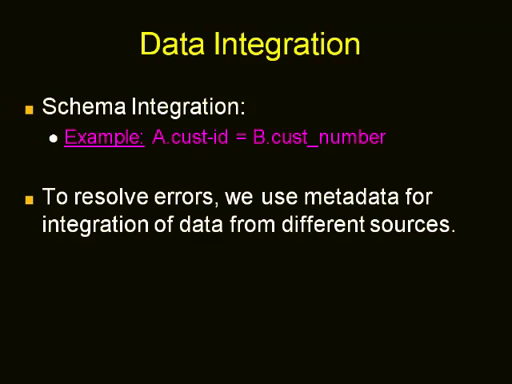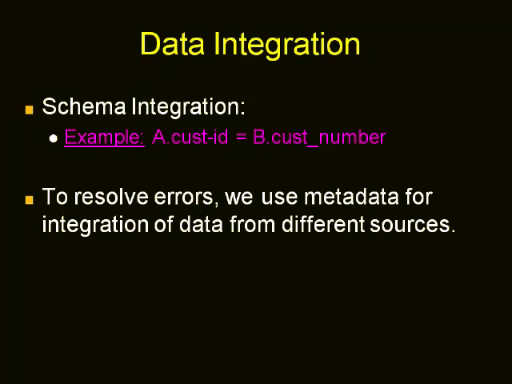Customer ID is used to identify the customer in source A and customer number is used to identify the customer in source B. In such situations, without understanding the schema representation of the two sources, it is very difficult to integrate the sources. That is why schema integration is very important here.